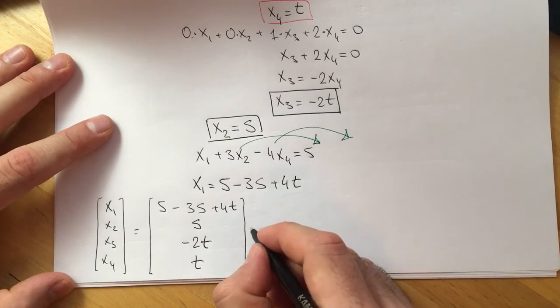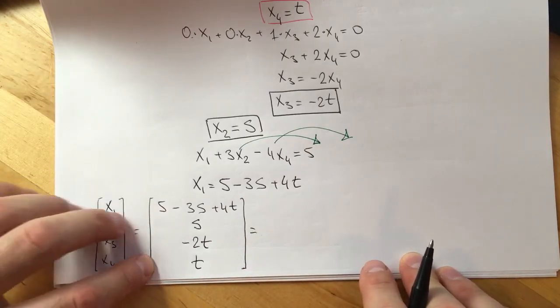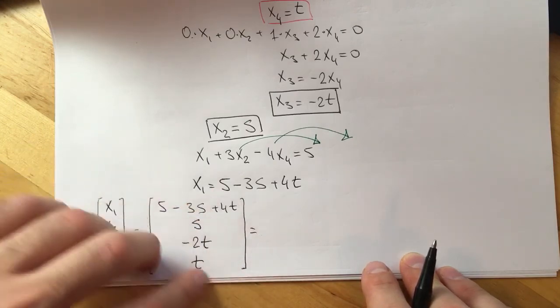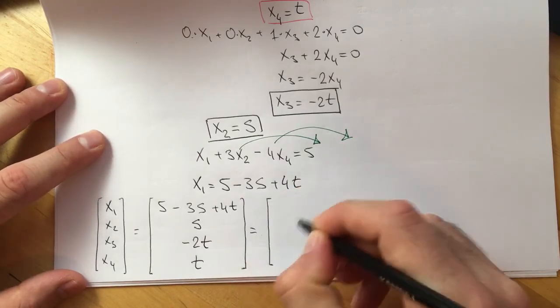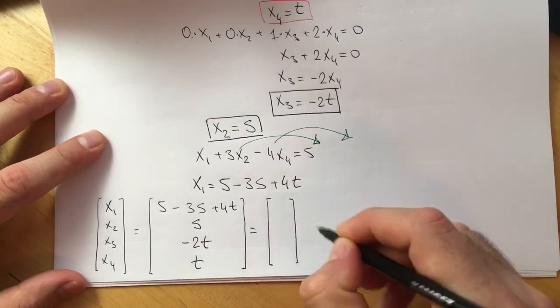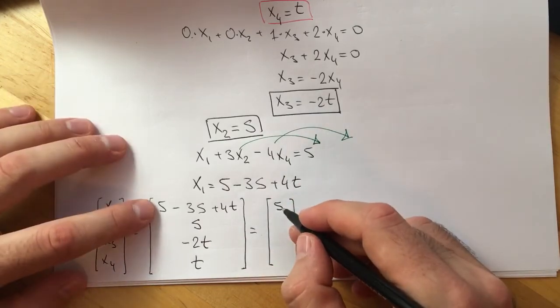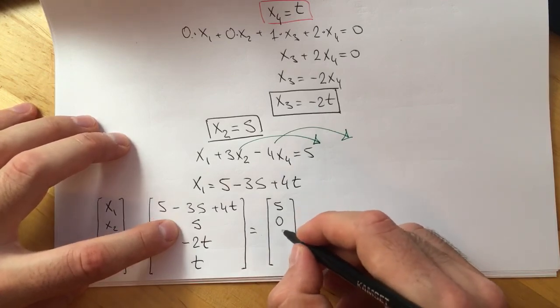Now, how do we write this solution? You separate them. You see there is a constant here, there are some terms multiplied by s, and some terms multiplied by t. So you split them in the following way: the constant by itself, so 5 in the first row. In the second row there is no constant by itself, so 0.